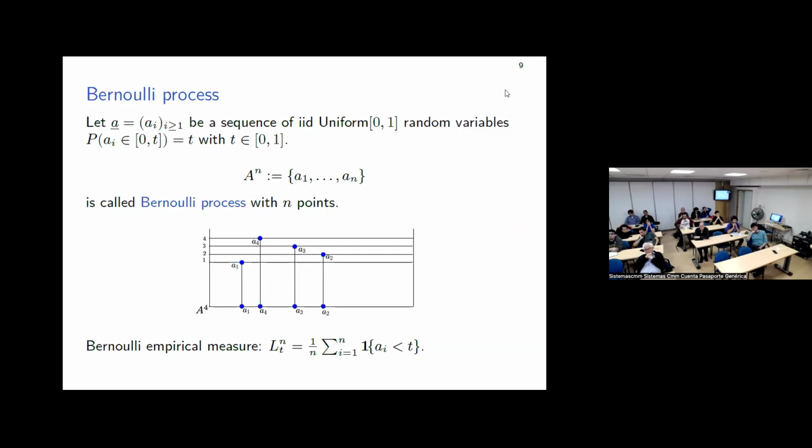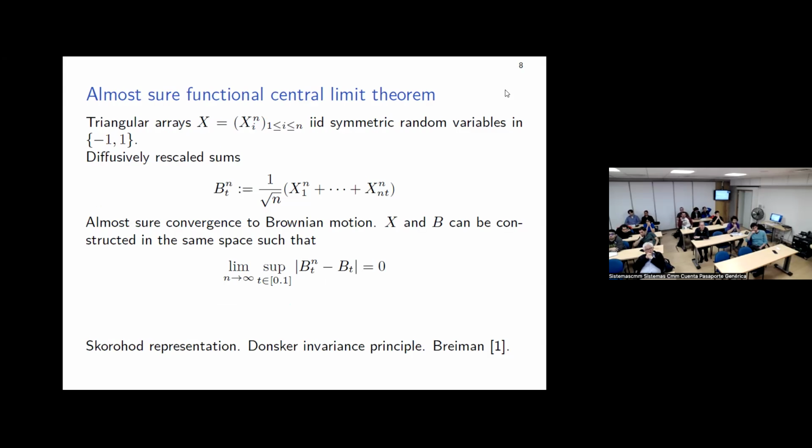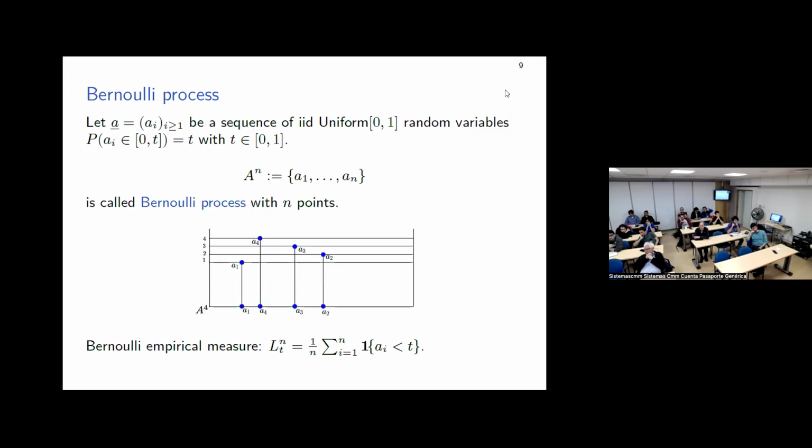I will use something similar, but not for independent random variables, rather for point processes. The first thing to introduce here is the Bernoulli process. You fix an n, so it is parameterized by the number of points. I will consider it only in the interval 0, 1.